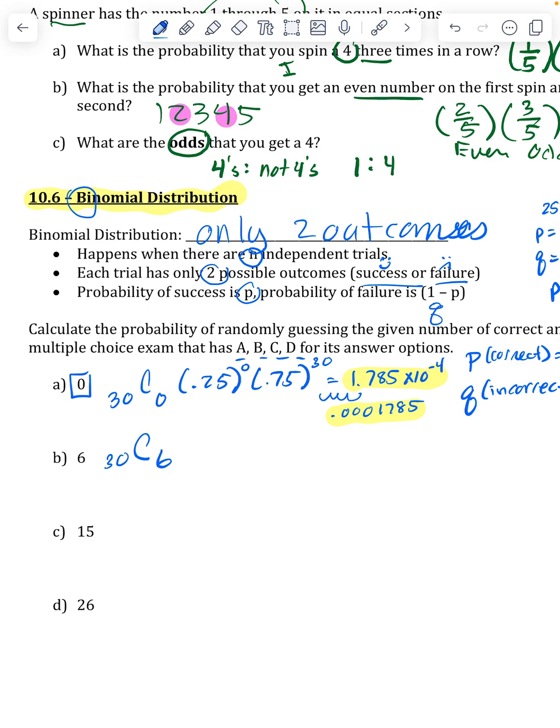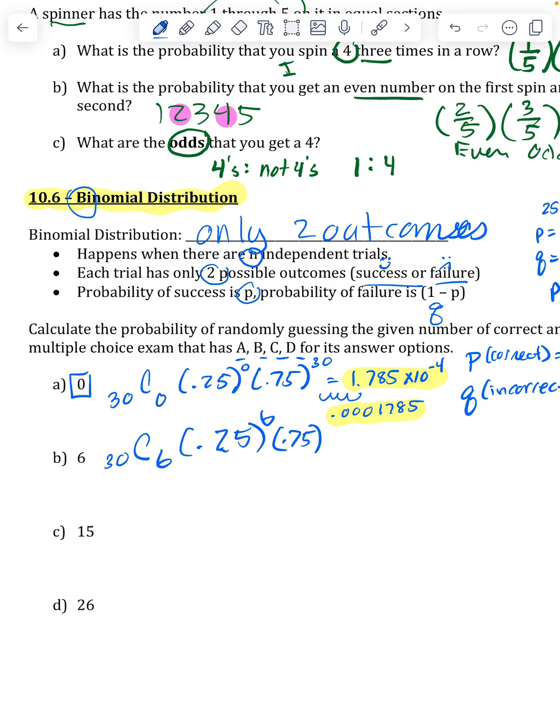And so I'm going to take 0.25, which is the probability of getting it right, and I want that to happen 6 times. And now we're in my basement, letting my dog out, so I'm really far away from my calculator. Then the rest of the time, I'm going to get it wrong, and the probability of getting it wrong is 0.75.